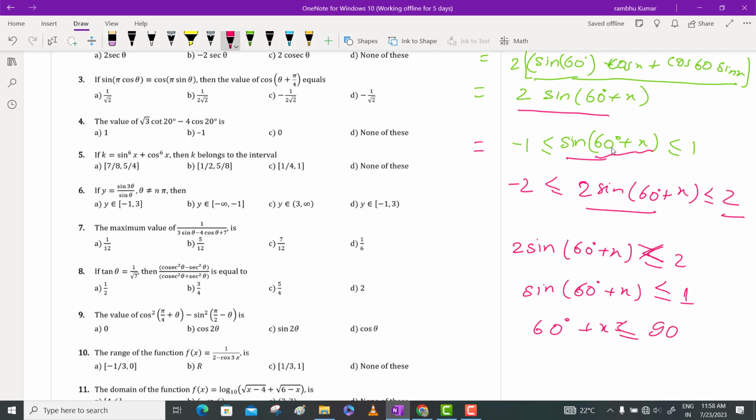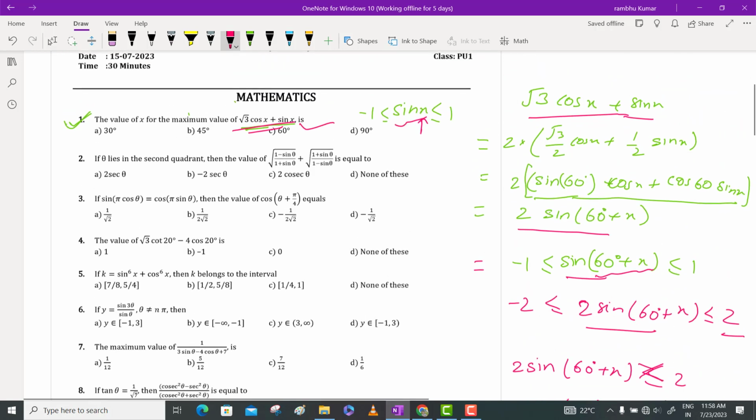Because if sin will go this side, this will become sin inverse 1. And sin inverse 1 is nothing but 90. So here this x is nothing but 90 minus 60. So 90 minus 60 is nothing but equal to 30. So our answer is nothing but option A, which is 30 degree. Got it? So this is how you can find this.